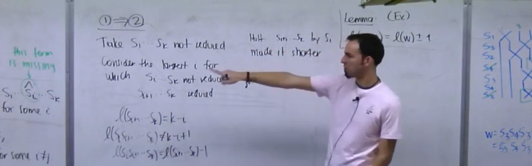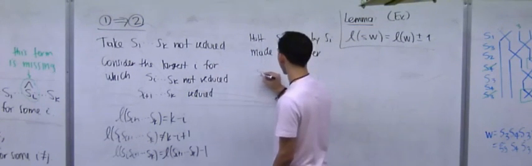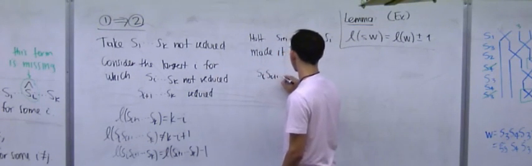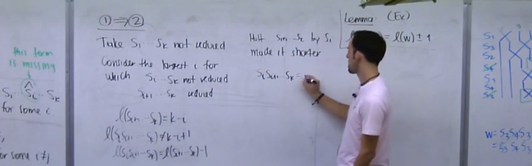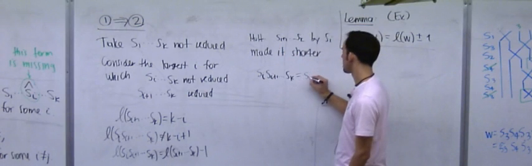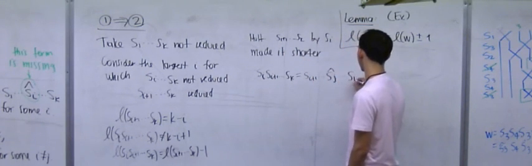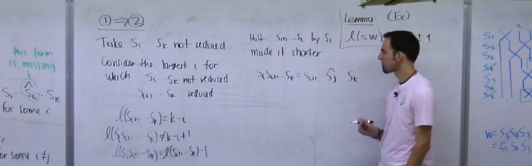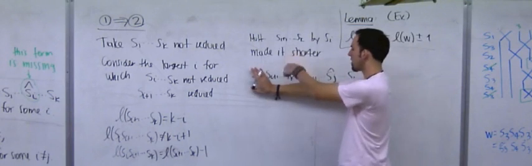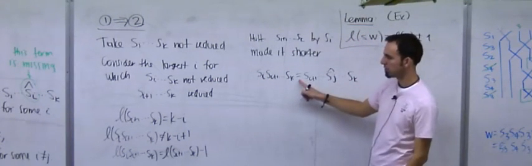And that means that I can apply the exchange property, which tells me that multiplying by Si knocked off one of the generators. That's what it did. All I did was knock off one of these letters. This is the exchange property.